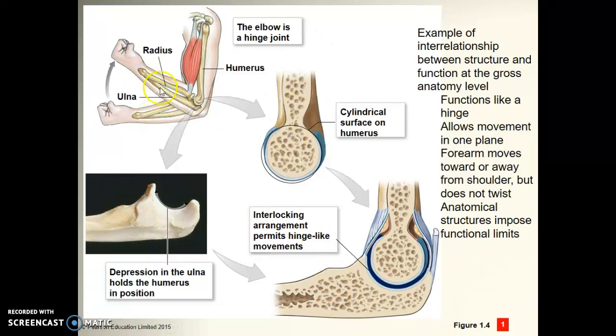So this bone that goes to your pinky is the ulna, and that bone has got a cup-shaped depression that encircles the rounder portion of the humerus. So they fit together, and their function is extremely specific. Anatomical structures impose functional limits.